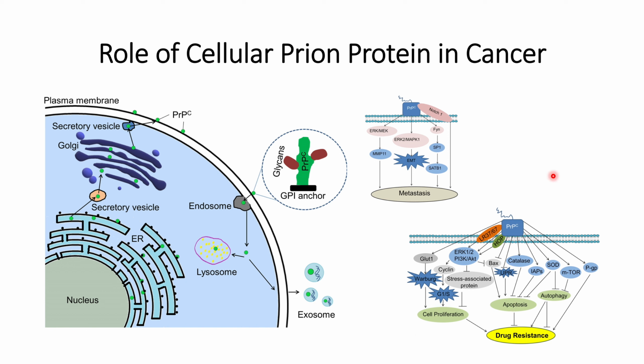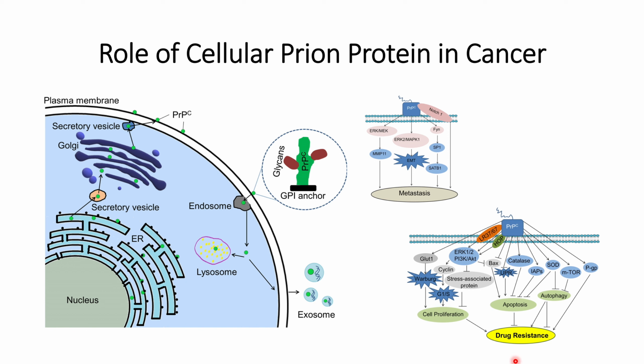Even though patients are treated with drugs that work against cancerous cells through apoptosis or autophagy, PrPC acts as a drug resistance against those medicines, and on top of that, it promotes cell proliferation.